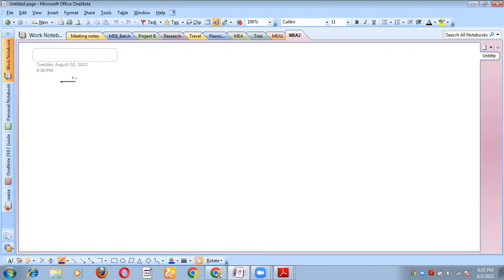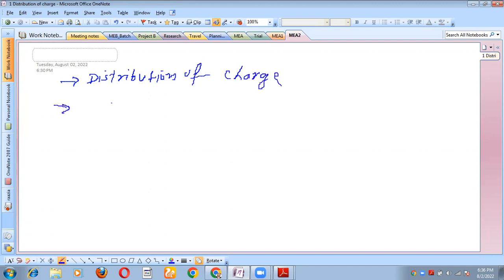Then we will discuss combination of capacitors.